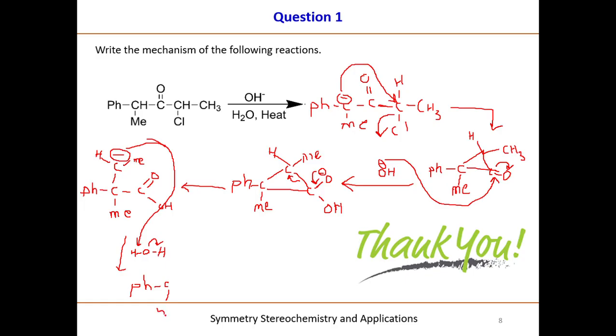Here we have methyl group, correct? Here we have acidic group. I am writing directly here. Which acidic group? You can see here, this one.